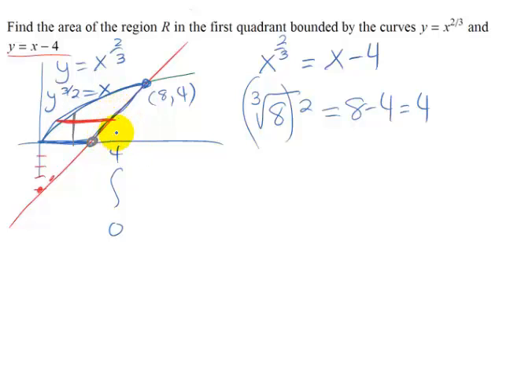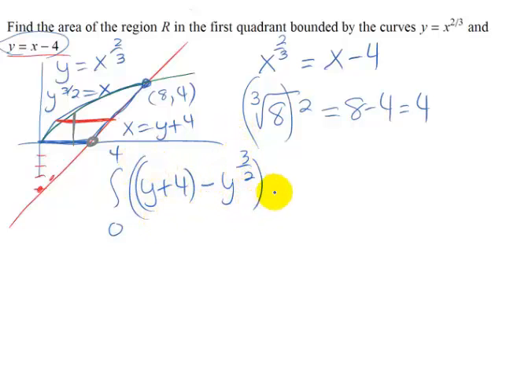And then let's express our second function as a function of y, so that would be x equals y plus 4. Now we can see that our line x equals y plus 4 is always to the right of our curve x equals y to the 3/2. So we are going to take the right function, y plus 4, and subtract the left function, which is y to the 3/2, and then we have our little dy.